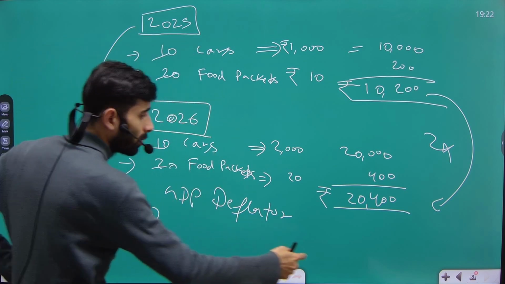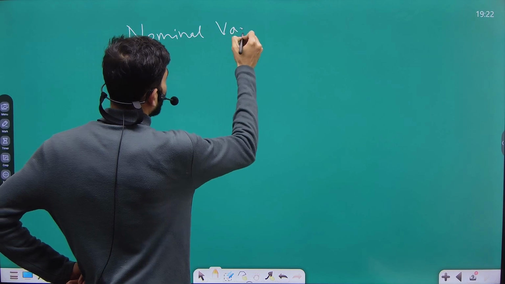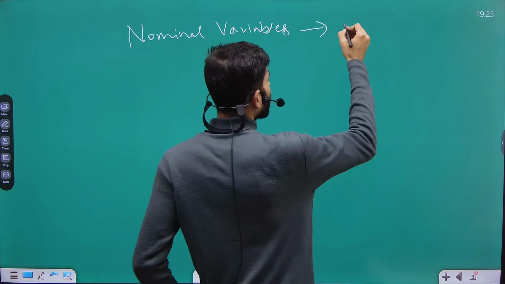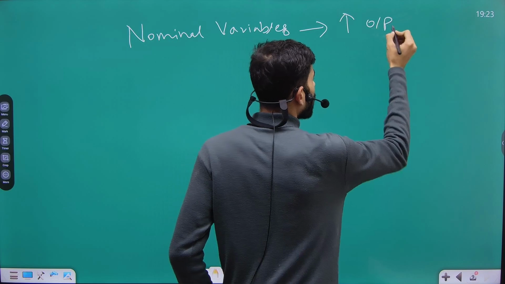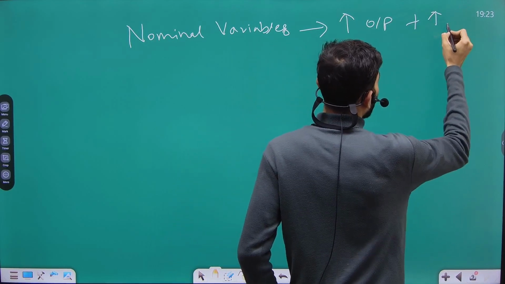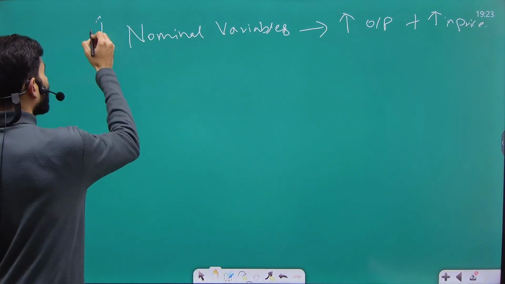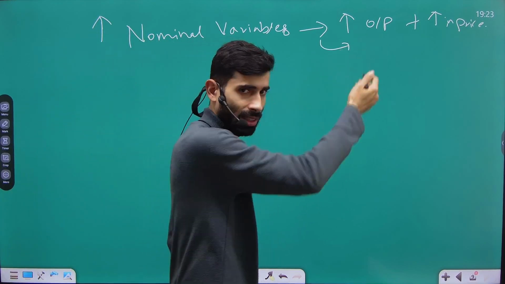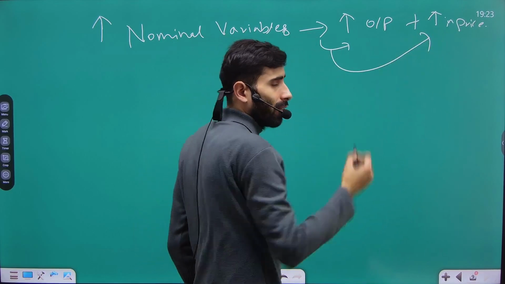Then it means in a nominal variable there are two components: first, increase in output, and second, increase in price. So suppose a particular nominal variable is increasing, then it might be increasing due to two reasons. First, there is indeed an increase in the level of output, or second, it might be rising basically due to an increase in the price levels.